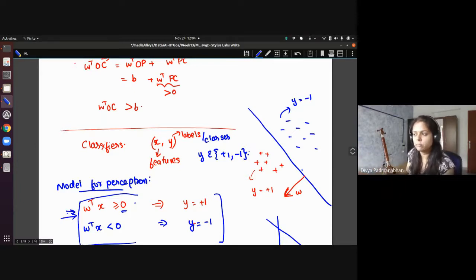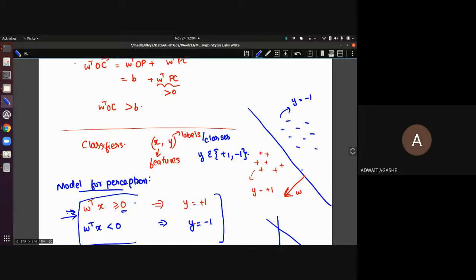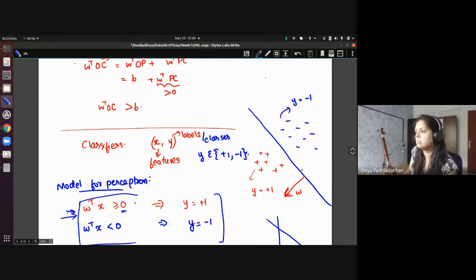What do you think? There can be multiple, right? So you can have something like maybe even this. This is also a valid hyperplane, and maybe you will get another vector. My drawing is bad, but you'll get maybe a different W. Yes, there are different such W's.